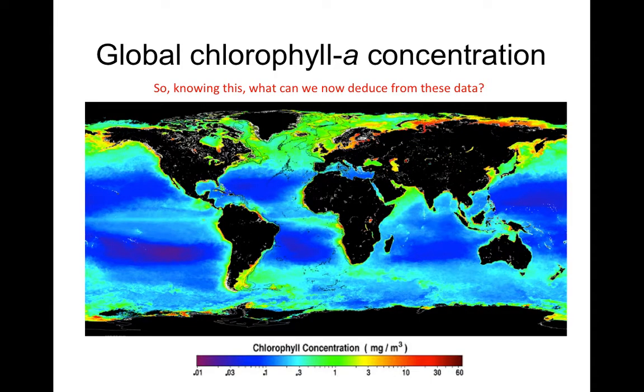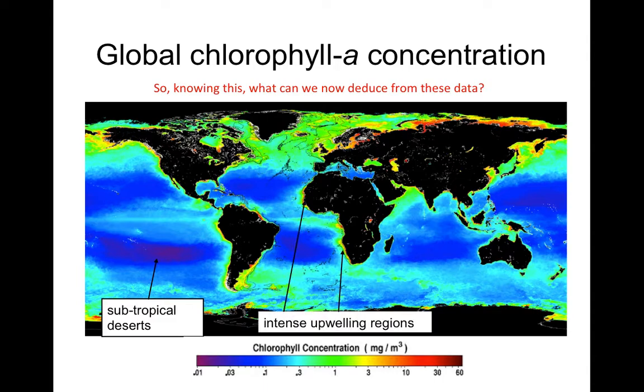So now we know a bit more about the depth. What can we actually see from this in our example I showed of the global distribution of plankton? We now know that in the subtropical deserts, this region here, we're getting very low values, but this water is very oligotrophic, it's very clear. Therefore this signal may well be coming from the contribution of anything from the surface up to 20, up to 60 meters depth, maybe.